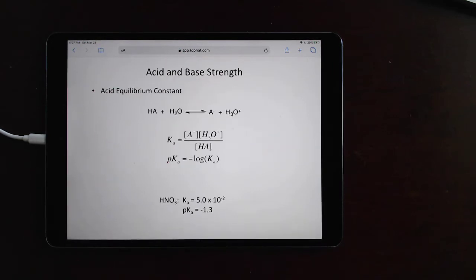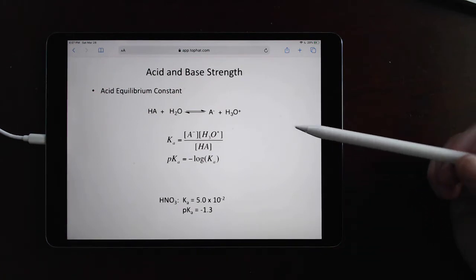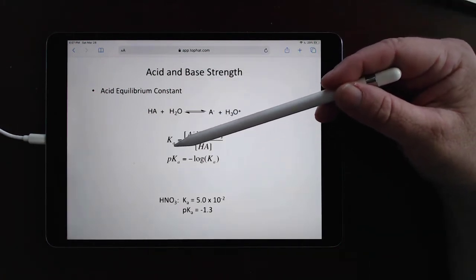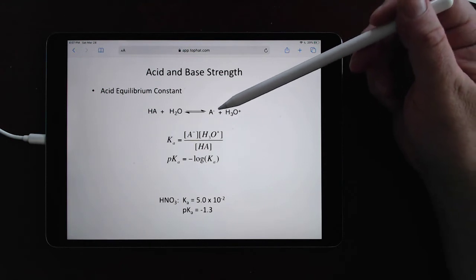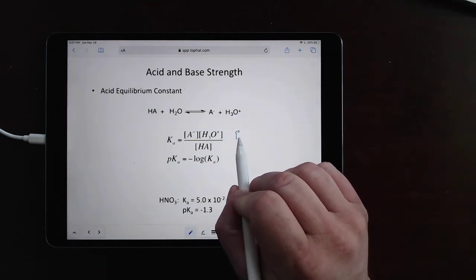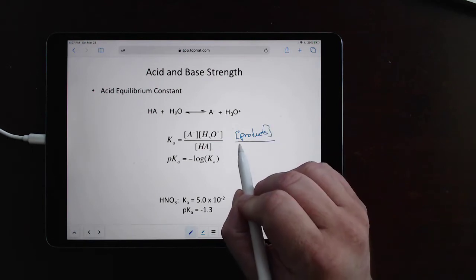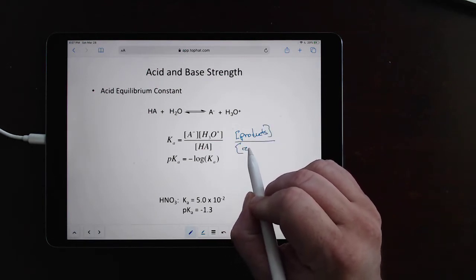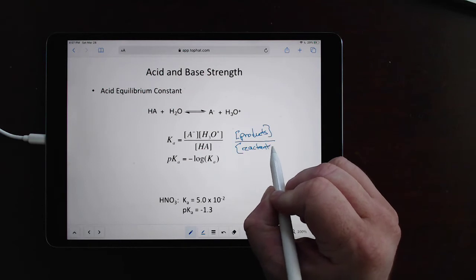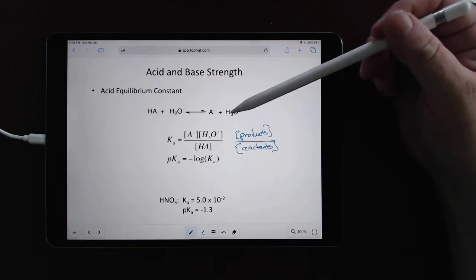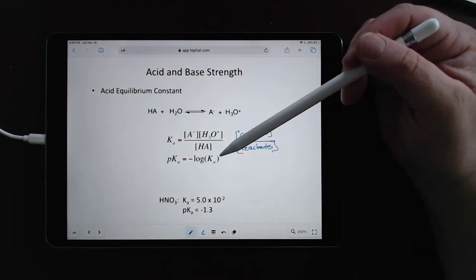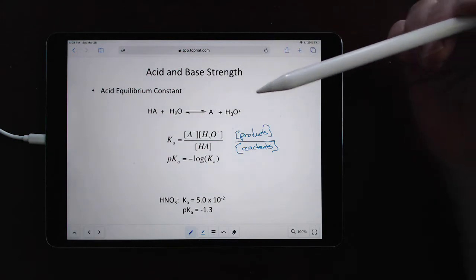Okay, so this is the extent of the calculations that we're going to be doing. If you remember back, for a classic equilibrium constant, it's the concentration of products over concentration of reactants, right? So we have products, we have reactants, and water isn't included in there because it's a pure liquid.